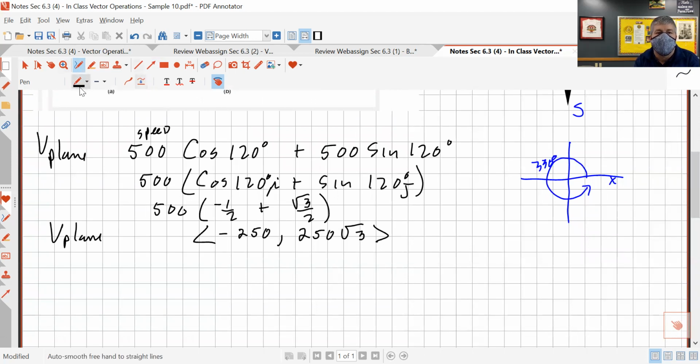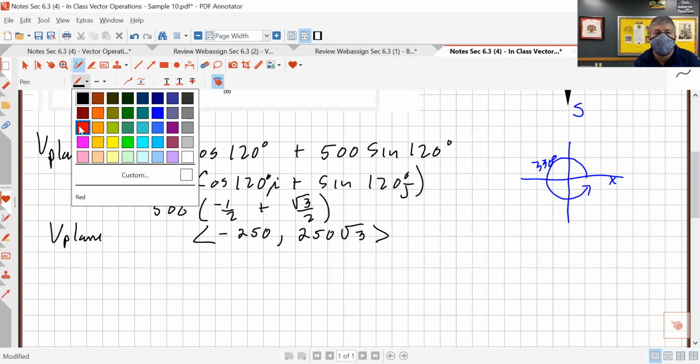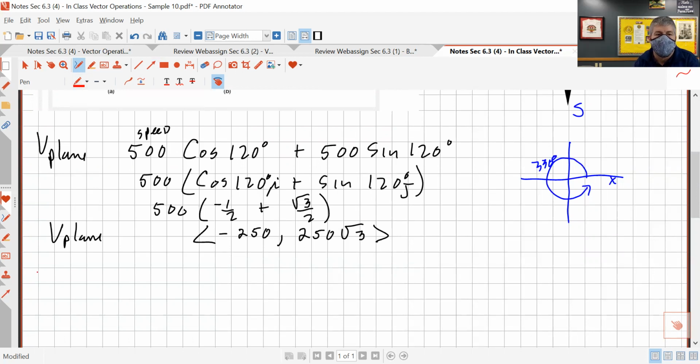Now we have to account for the wind. What color was the wind? Red. Okay. So the vector of our wind, wasn't our wind blowing at 45 miles an hour? No, 70 miles an hour. Thank you. Our wind was blowing at 70. And then we have the cosine of 45 because it was a northeast wind, right, and sine of 45.